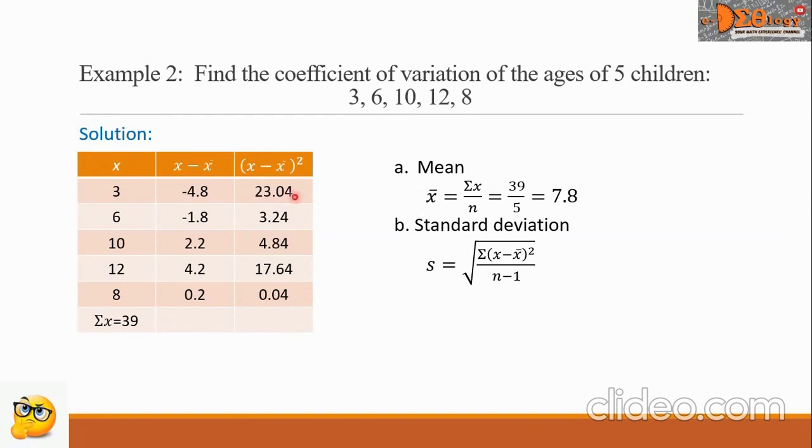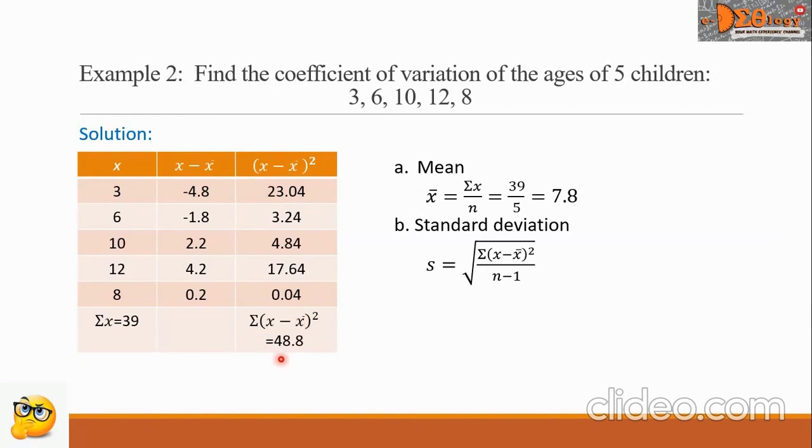The next is, we will get the total, and that will be the summation of this column. That is the summation of the square of the quantity x minus x bar. And the value is 48.8. This value is what we need in our formula here.